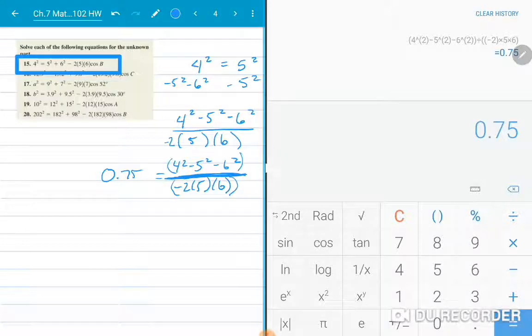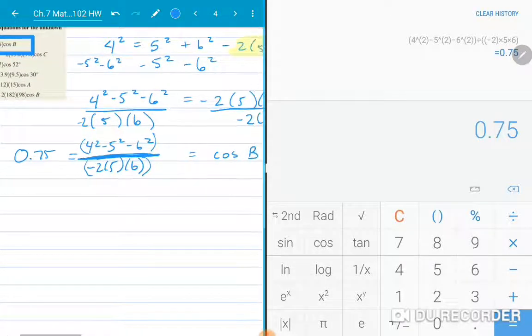That's cosine of b. So then that tells me that b, I'll take the cosine inverse of both sides. So cosine inverse of cosine of b gives me just b. And on the left, cosine inverse of 0.75.